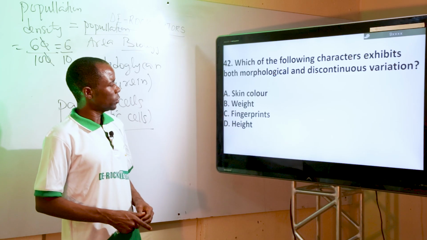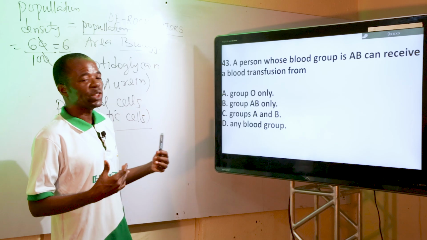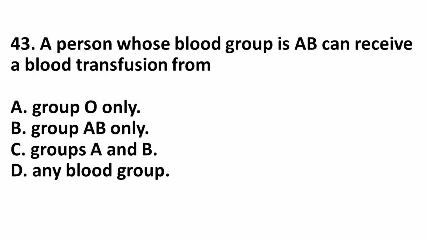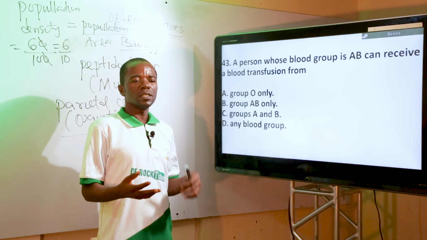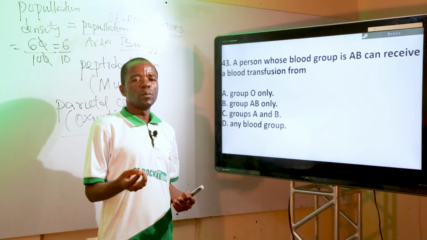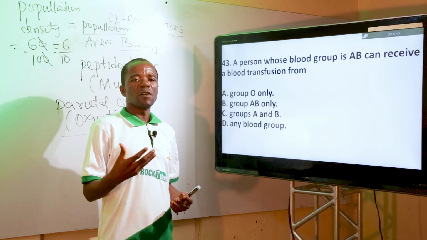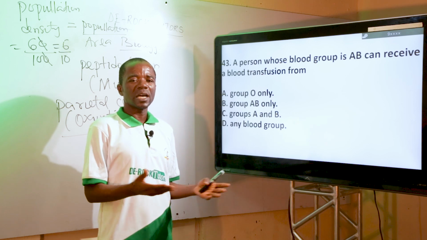Let's go to number 43. A person whose blood group is AB can receive blood transfusion from dash all of the blood groups. Don't forget that blood group AB is also called universal recipient. What that means is a person with blood group AB can receive blood from blood group A, from blood group B, from blood group AB, and from blood group O. And the reason is because blood group AB lacks antibodies.